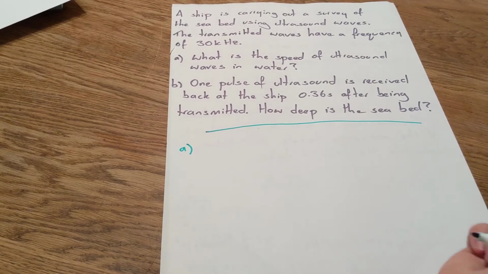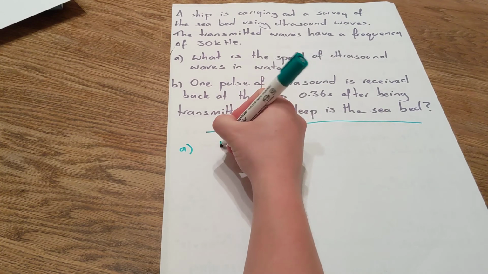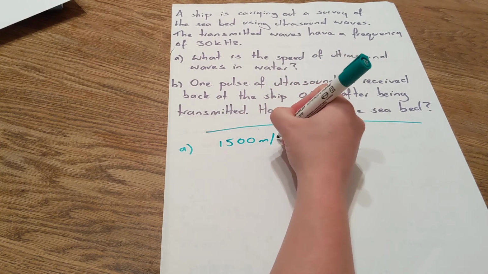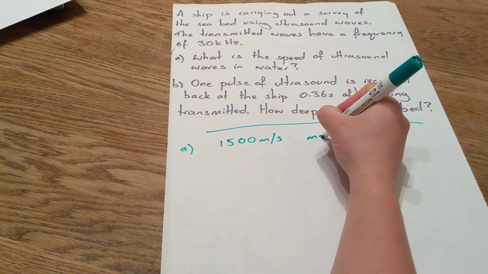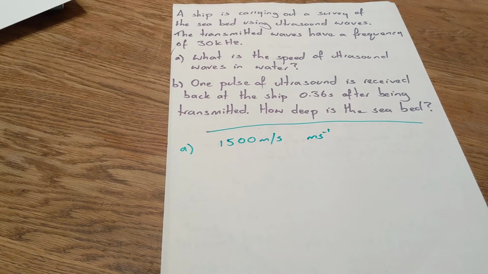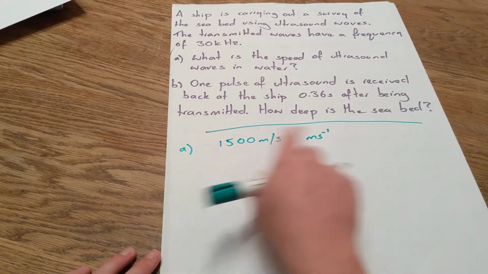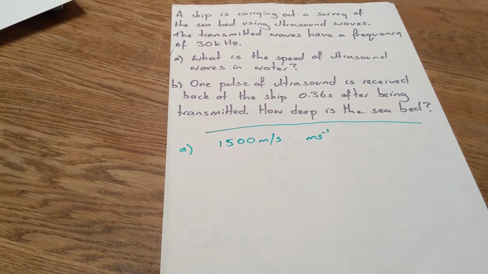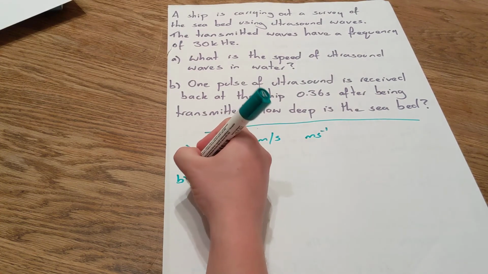So if we look on our data sheet, it will tell us that the speed of ultrasound waves in water is 1,500 meters per second. Again, we could have written ms to the minus 1 there. It's up to you which one you do. I'll generally use this one just because that's what I was taught. But either works, so you'll see me swap about just so you're comfortable with both.